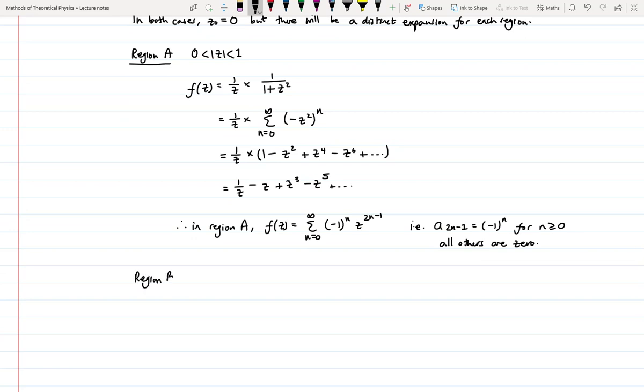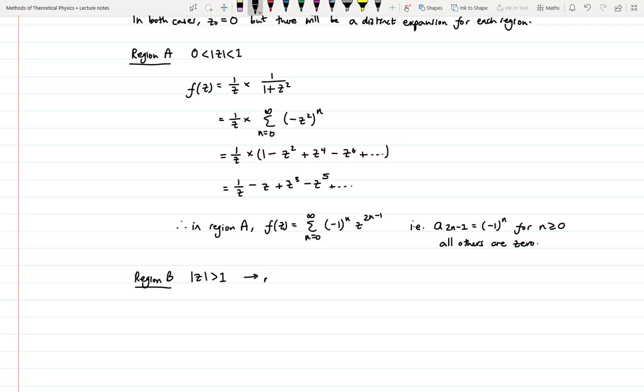The other region, region B, has that the absolute value of z is greater than 1. So that's the region outside that green circle above. That's also an annulus with inner radius 1 and outer radius tending to infinity.